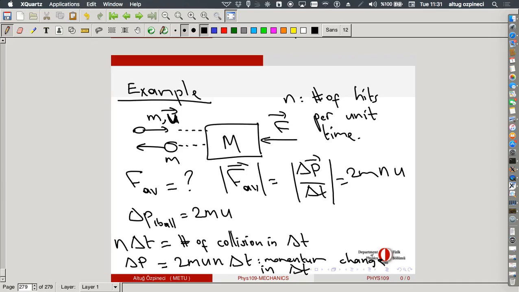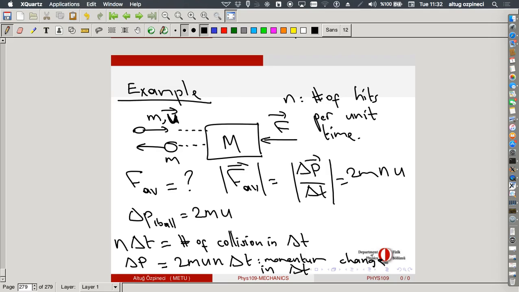Because a gas is nothing but an enclosure where the atoms are moving around, and they will eventually hit the wall. And when they hit the wall, they will exert an average force. Of course, there are a few other quantities that we have to specify, like how many collisions there are per unit time, but we will probably do it at the end of the semester. So this is basically the idea why there is pressure or why there is a drag force.